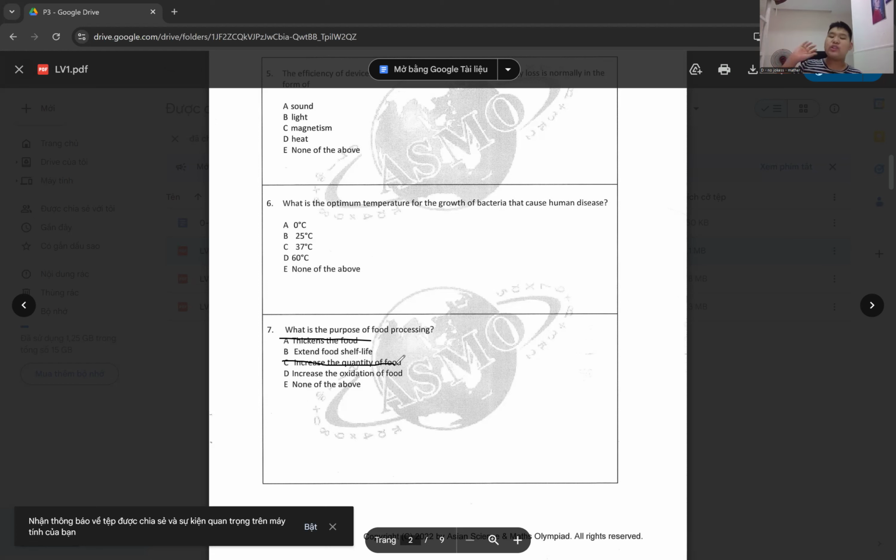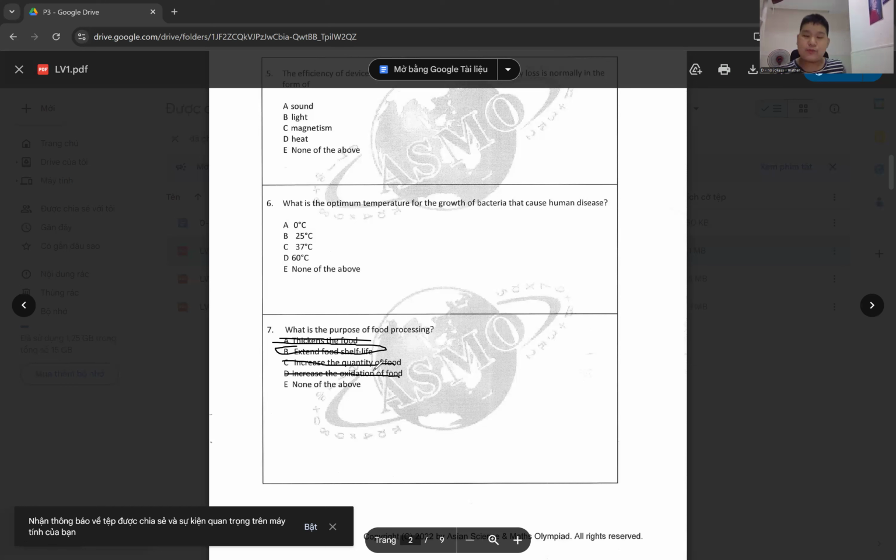You can never have more of something while paying the same price, unless you're in a magical world or ignoring all the other economic stuff. And no, it doesn't increase the oxidation, and yes, it extends the food's shelf life.